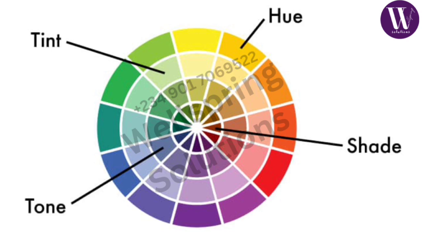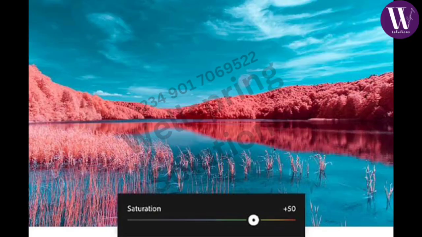Tints are achieved by incorporating elements of white to brighten and desaturate a single hue. We have tone. Tones are achieved by adding gray to a hue, dulling the overall chroma. We also have shades. Shades are achieved by adding a portion of black to a single hue, creating a darker hue.